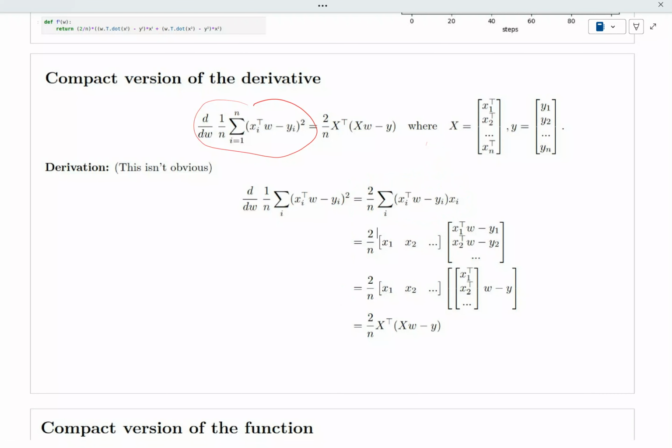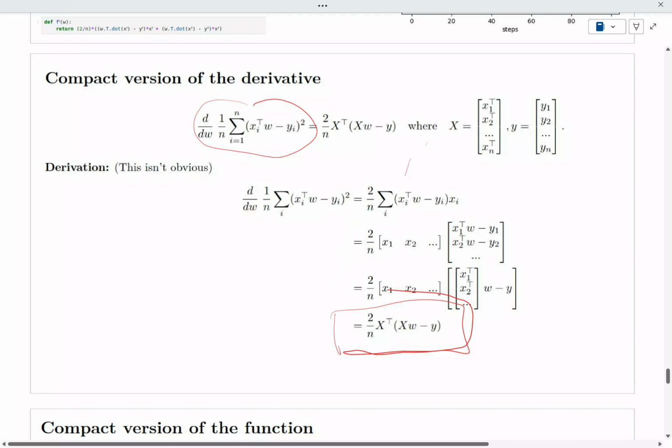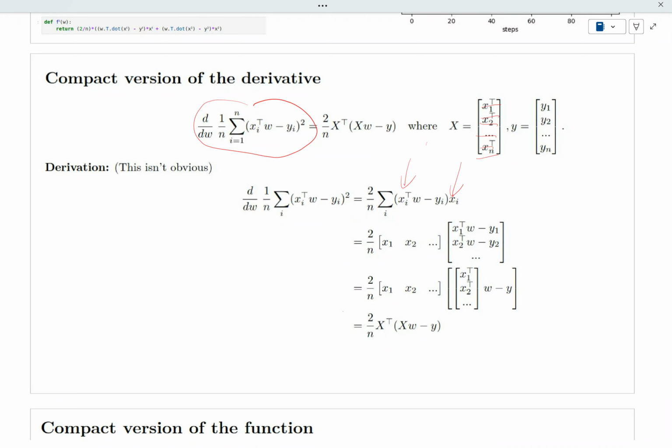And this right here, if you follow the derivation, is the result. So notice how over here we're going x1, x2, x3, whereas capital X here is the entire matrix where each row is a single vector. And this right here is how you normally would want to use as a derivative.